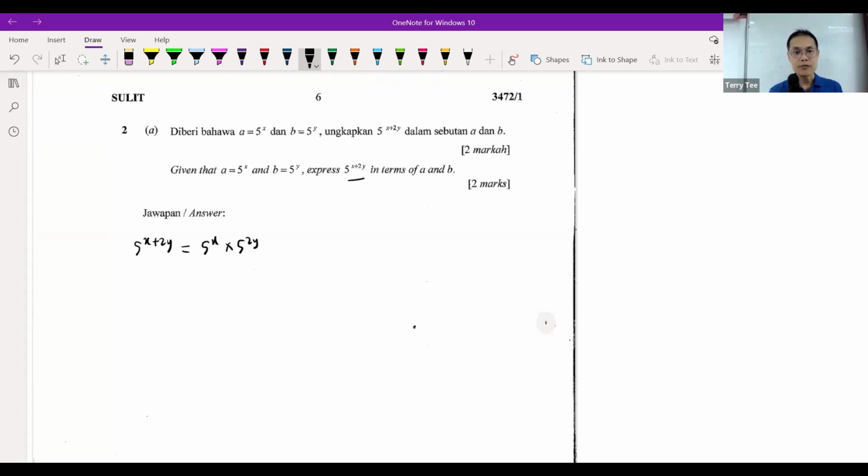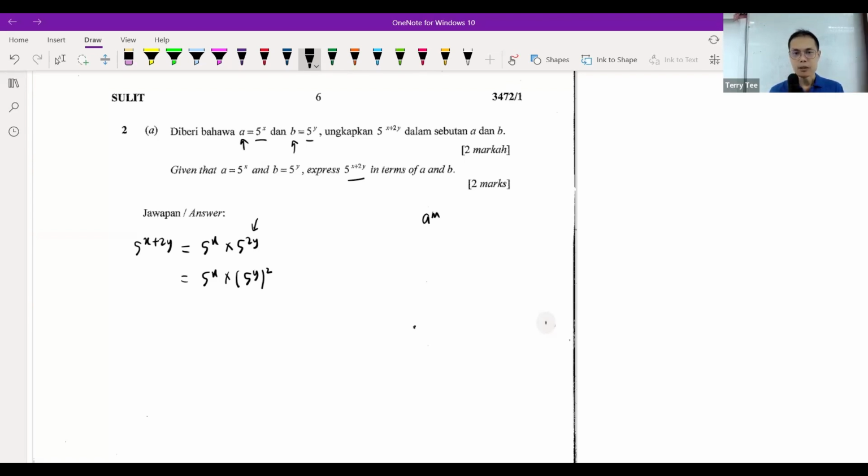Now remember, we're going to replace your 5 power x with A and 5 power y with B. So the 5 power x here, there's no problem. We can replace it directly. But 5 power y, we need to separate from the 2 in front. So what we can do is, number 1, we write the 5 power x here. Number 2, we break this up to 5 power y bracket square. Now, I hope you know this. In law of indices, you probably learned this in your lower form, Form 3.